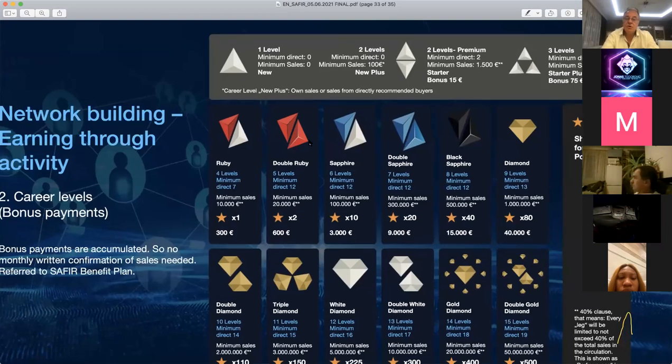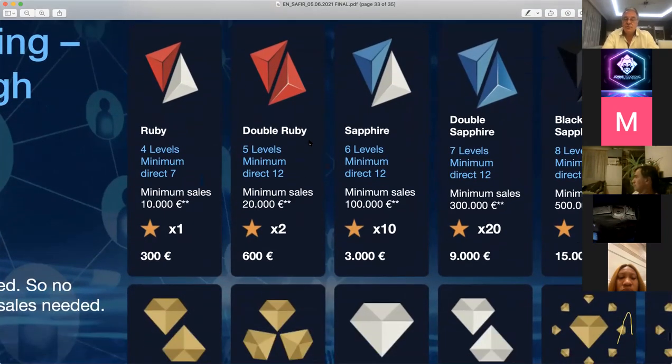The interesting part comes when you come up to the ranking of Ruby and above. Ruby unlocks the 4th level, so 9%, 8%, 7%, and 6% from your structure in the uni level.